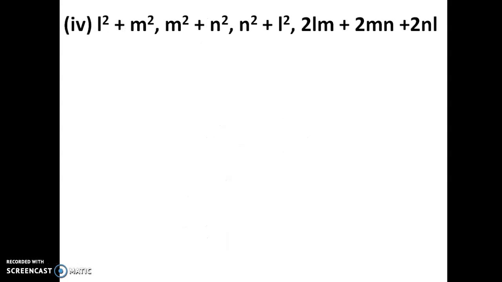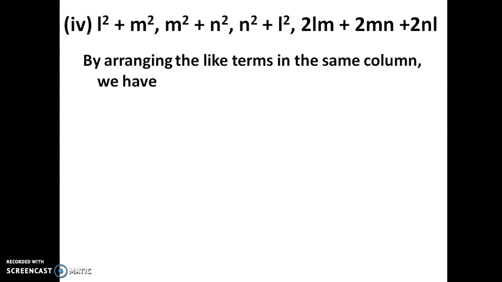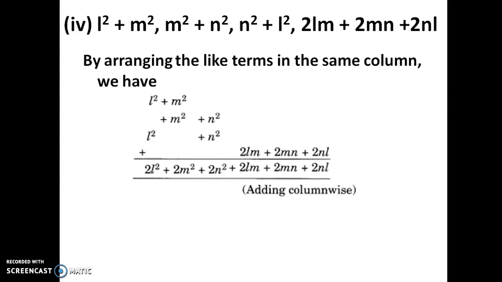Then next problem. So here we are having 1, 2, 3, 4 expressions. What we should do is arrange the like terms in the same column. So if we arrange, it is like this. L square is one term, okay. L square is one variable. Then m square, n square, okay.